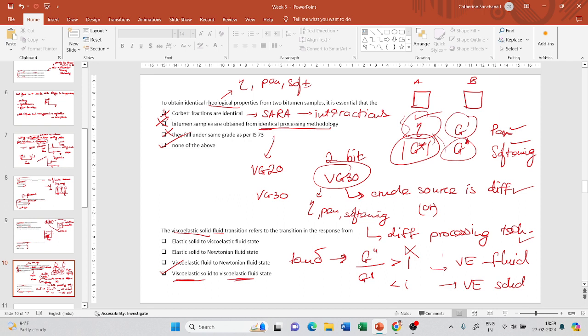So it is a viscoelastic fluid. If it is less than 1, then my solid storage component dominates, so it is close to a viscoelastic solid. Not only this criterion, there are many criteria identified in literature to capture this viscoelastic solid to viscoelastic fluid transition.